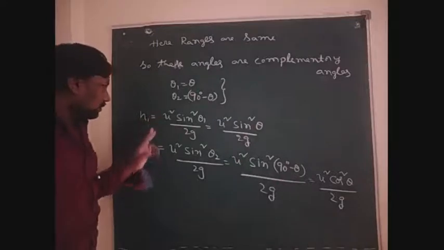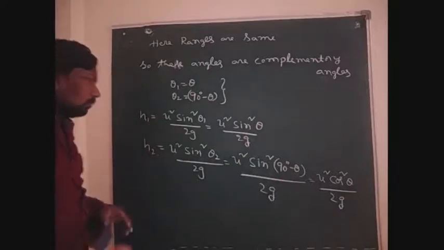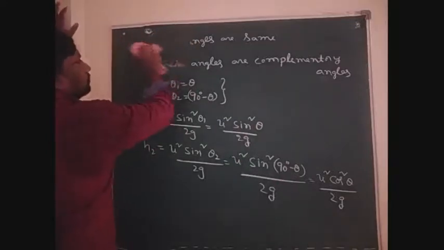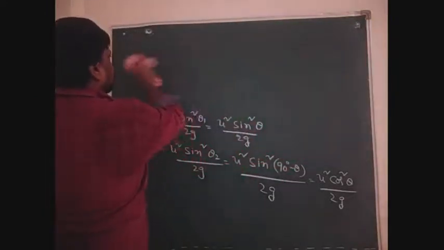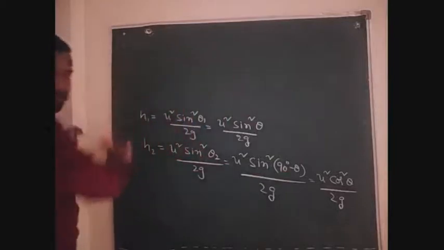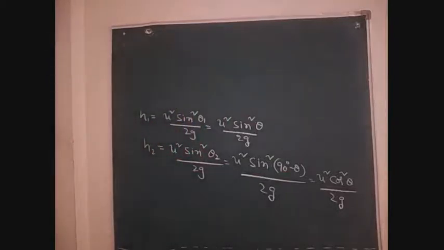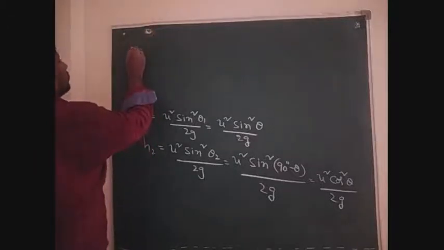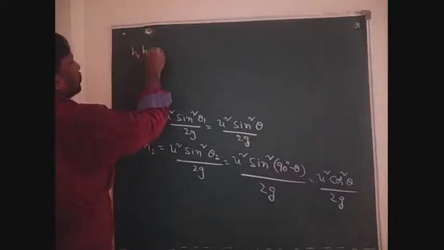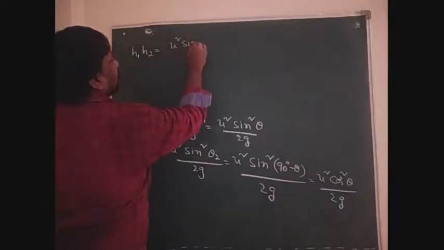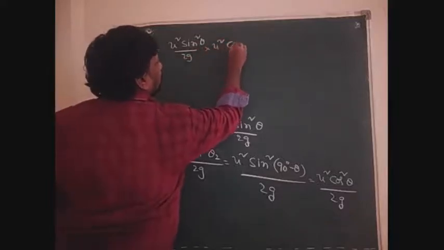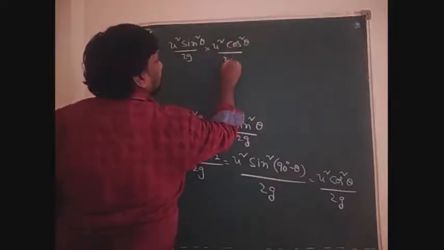Now the product H1 H2 is equal to u square sine square theta by 2g into u square cos square theta by 2g.